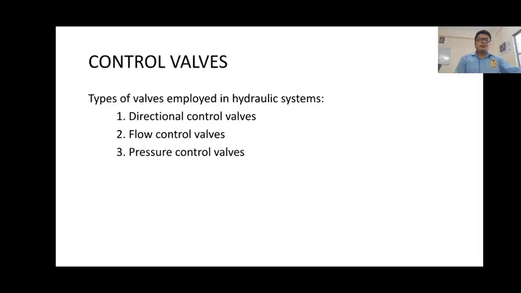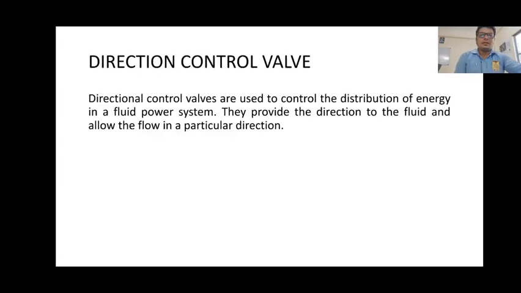For example, a valve with 4 ports is named as a 4-way valve. The fluid flow rate is responsible for the speed of the actuator, that is the motion of the output, and it should be controlled in a hydraulic system. This operation can be performed by using flow control valves. So let us see one by one.